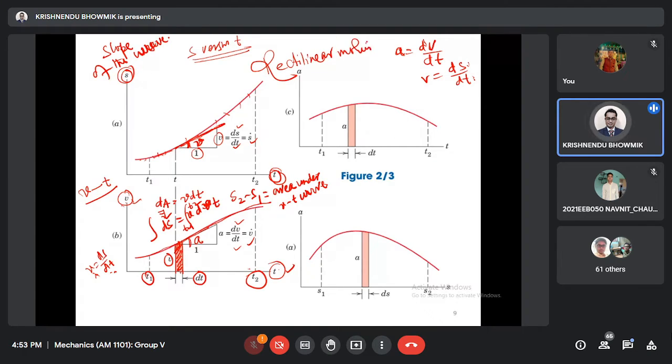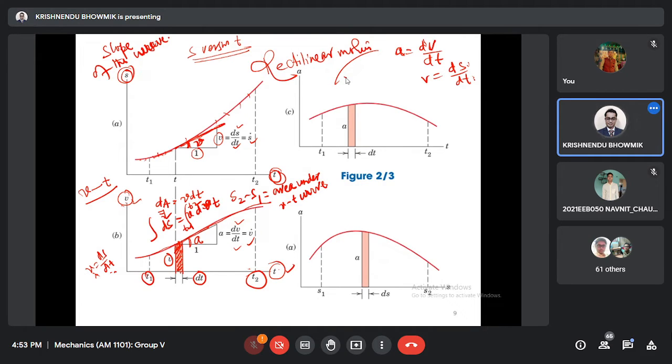In rectilinear motion, the distance traveled by the particle between two instants, t1 and t2, that is S2 minus S1, is nothing but the area under the V versus T curve.